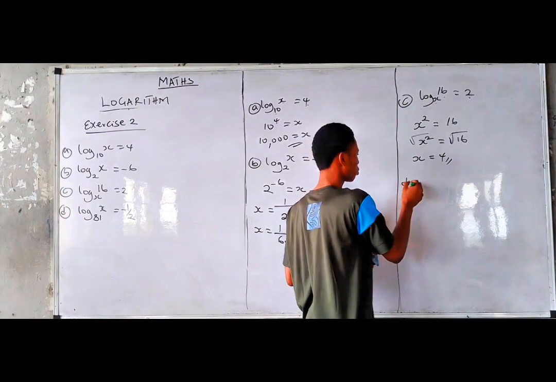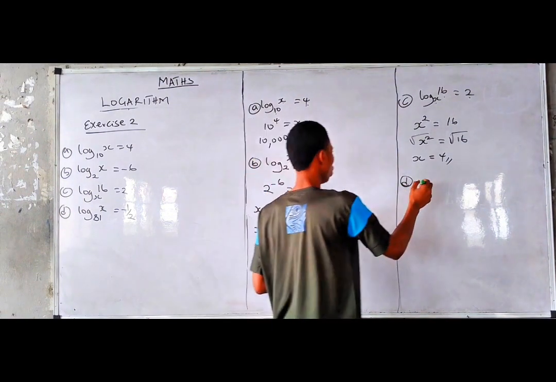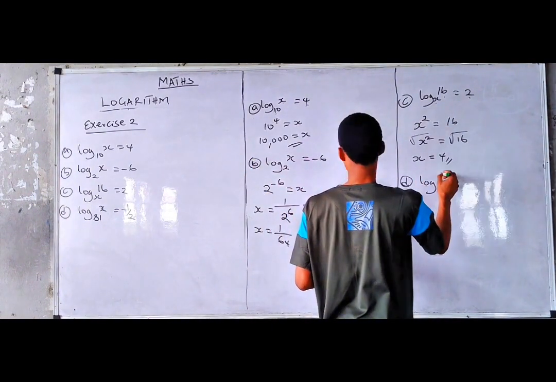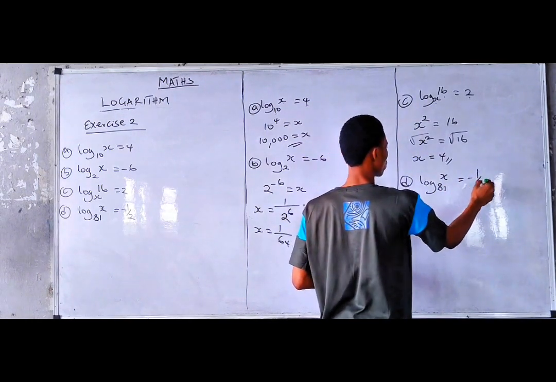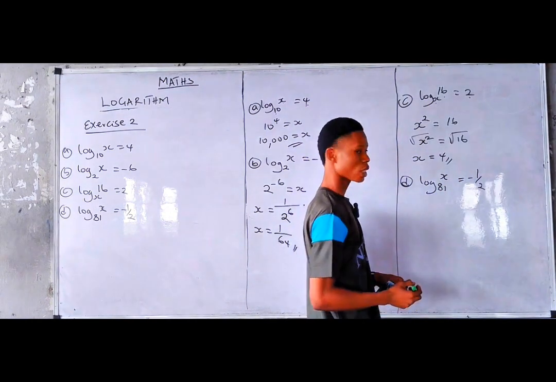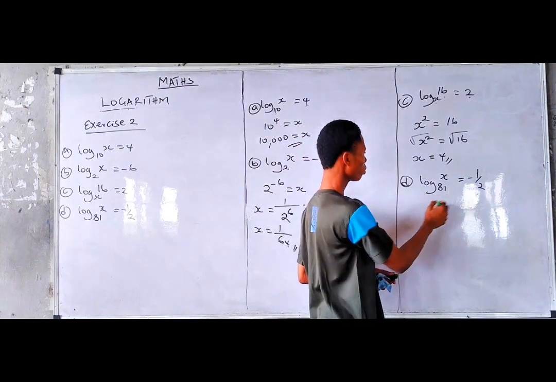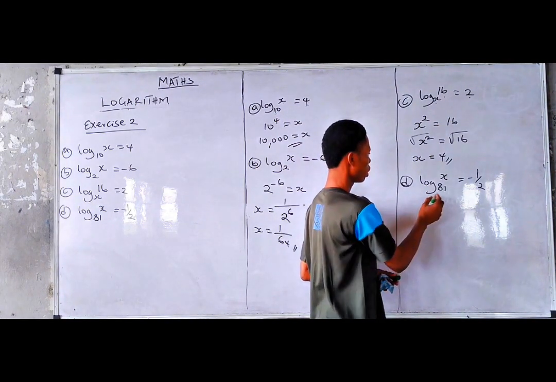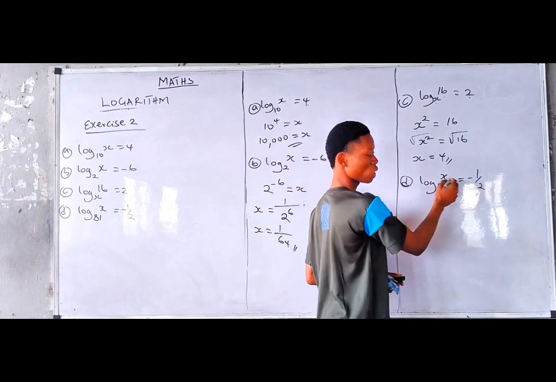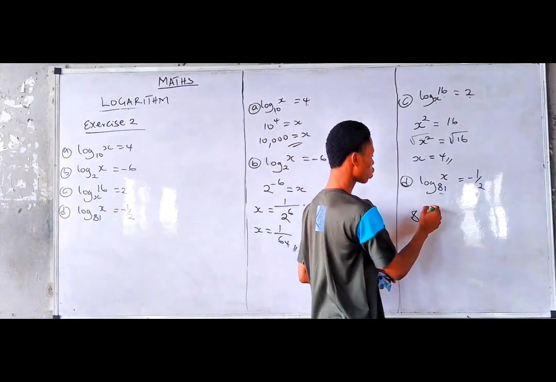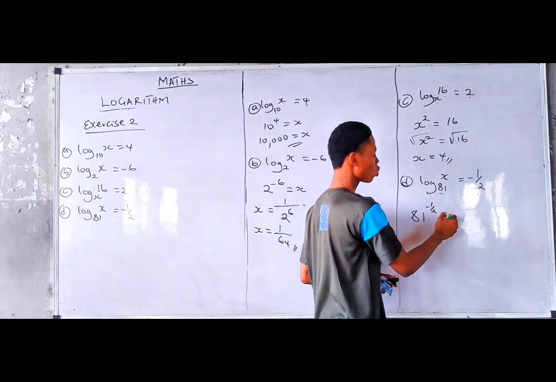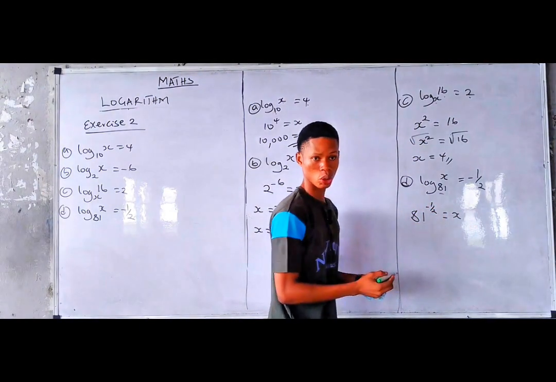D now. Log x in base 81 equal to minus 1 over 2. In this case here, this raised to power this will give us x, right? So we have 81 raised to power minus half equal to x. Is it not?